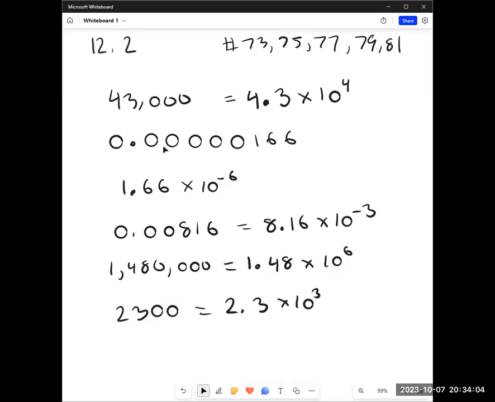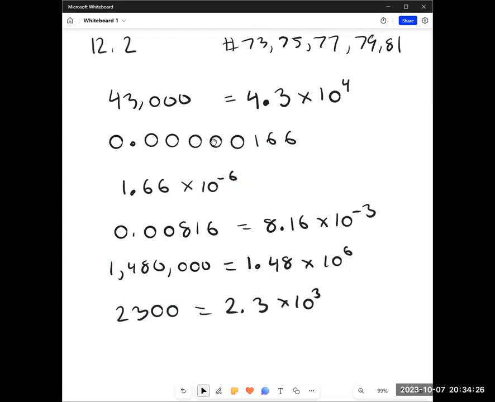Times 10 to the negative 6, if I had counted in place values, is tenths, hundredths, thousandths, ten-thousandths, hundred-thousandths, millionths. So this is in the millionth spot, I believe. Yes.